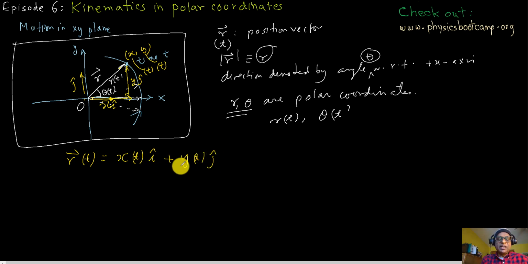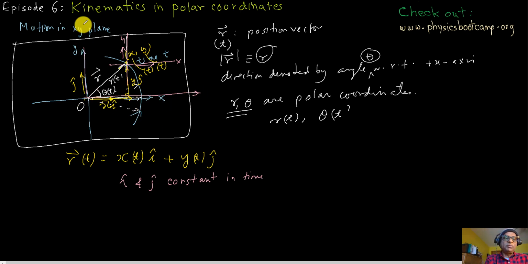Now if you look at i hat and j hat, no matter where this particle is, if I do x and y coordinates over here, i hat is still this way and j hat is still this way. So i hat and j hat are constant in time. i hat always points towards this direction and j hat always points to this direction, and their magnitude is 1 and they don't have any units.